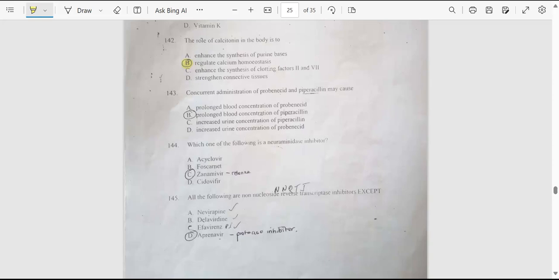Probenecid inhibits renal tubular secretion and causes prolonged serum levels of piperacillin.